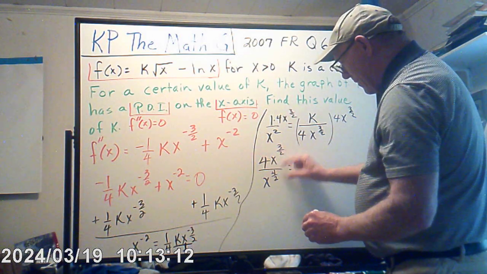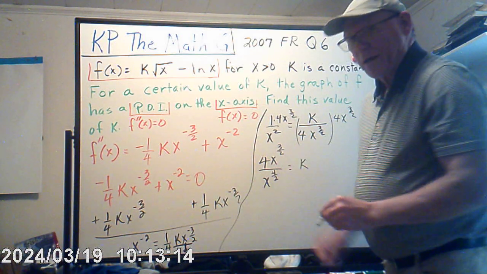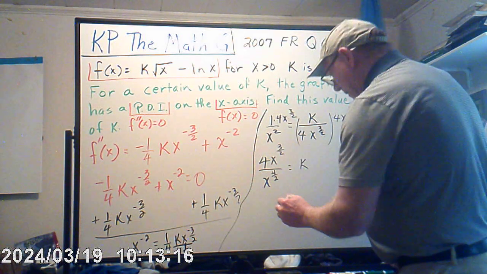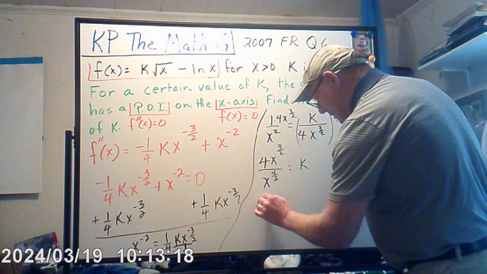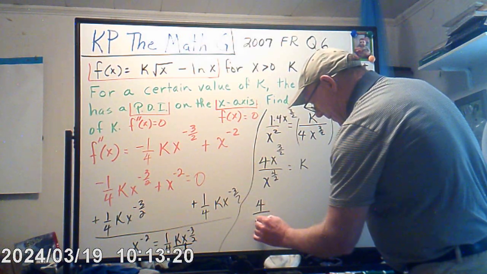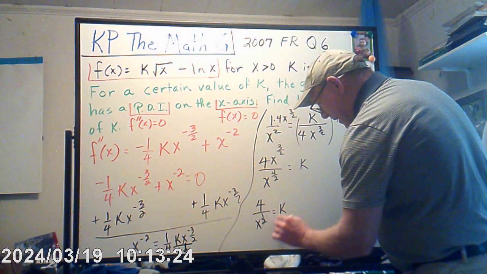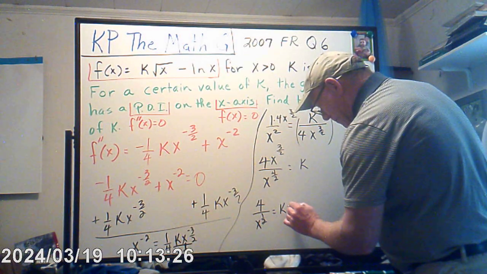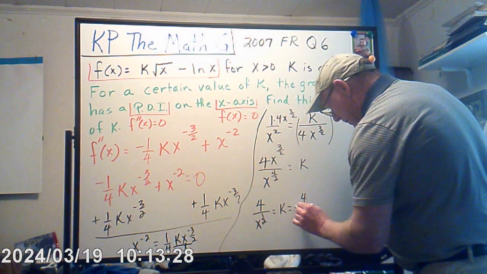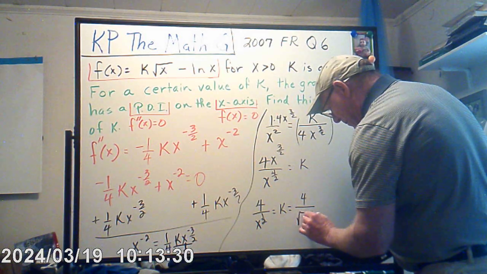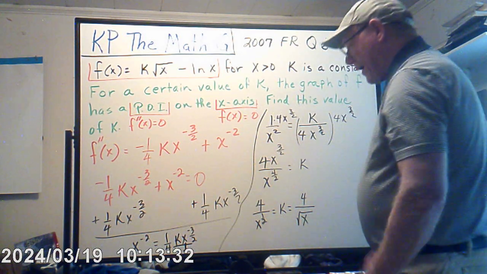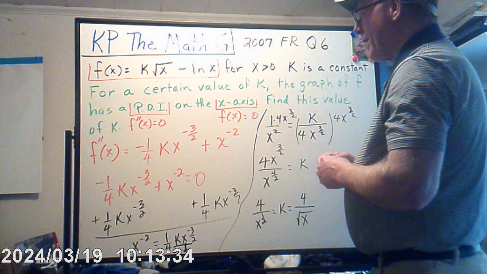So 1 half, but it goes down here because 4 is bigger than 3. So this is 4 over x to the 1 half, which is k, or you can say that's equal to 4 over the square root of x. So k is equal to that.